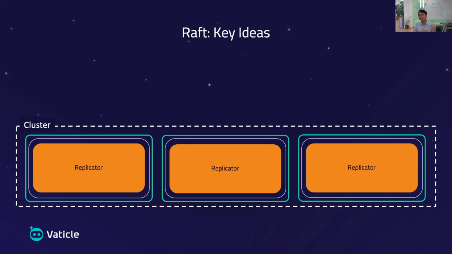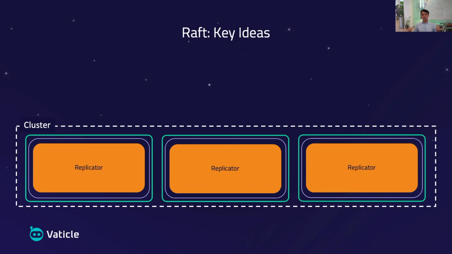You replicate the state machine from one server to another in a safe way. You replicate the activity, and based on this activity, you reconstruct the state in separate servers in a way that all servers end up at exactly the same outcome. And these outcomes are basically the state of our database, the TypeDB database.